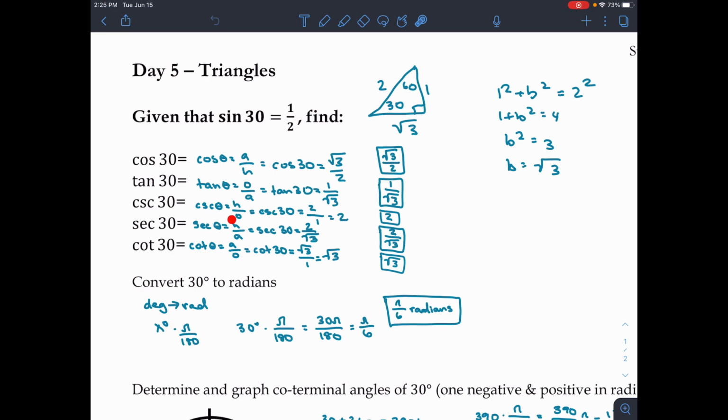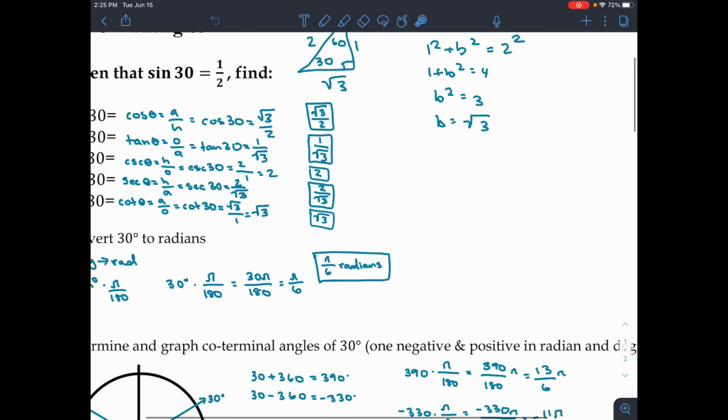Now we have secant 30, which is hypotenuse over adjacent, so we get 2 over root 3. And then we have cotangent 30, which is adjacent over opposite, root 3 over 1, so we get root 3 as cotangent 30.